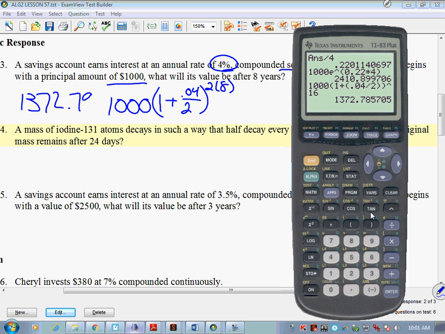We'll round it up to 79 cents. So we'll have to stop right there for now, and we'll pick the rest up in class.